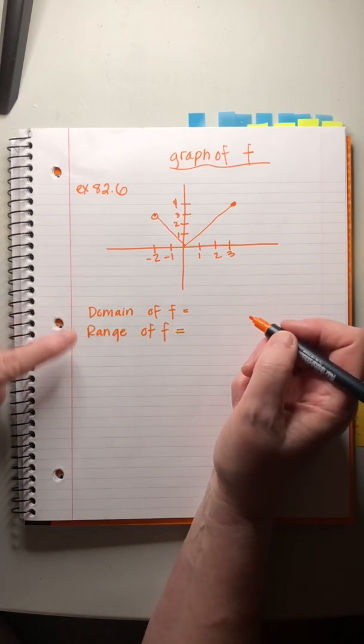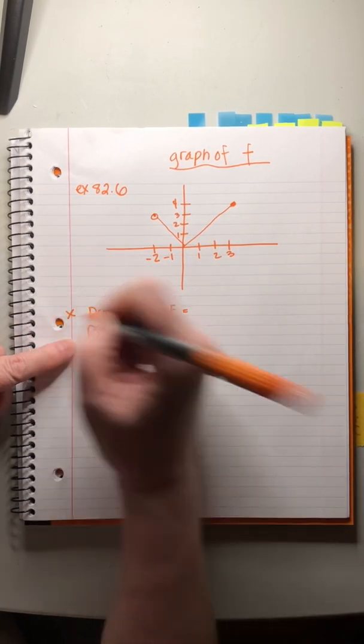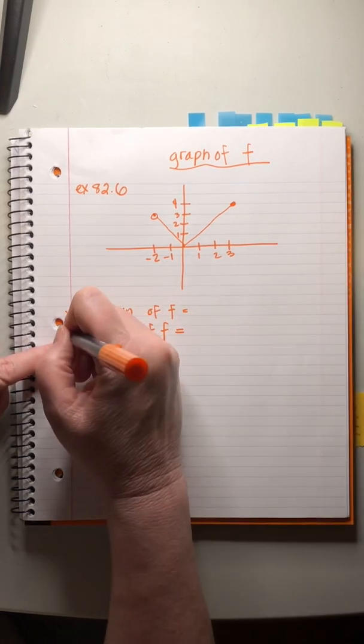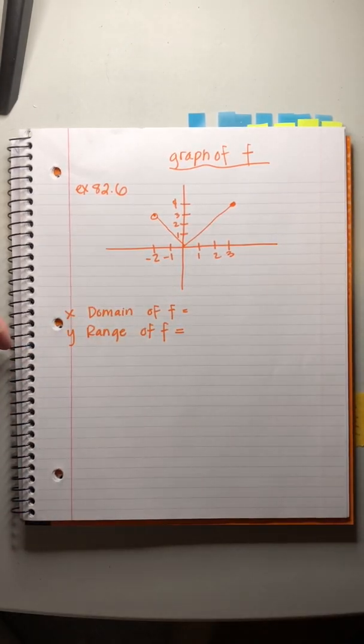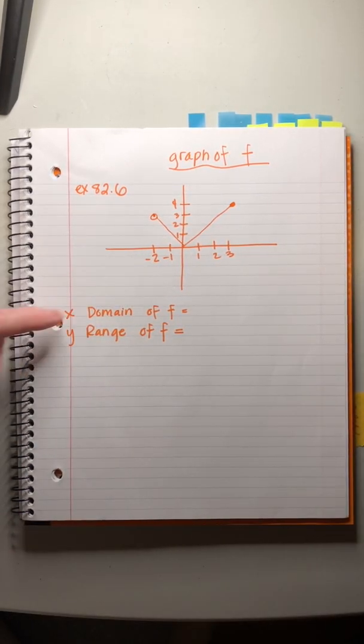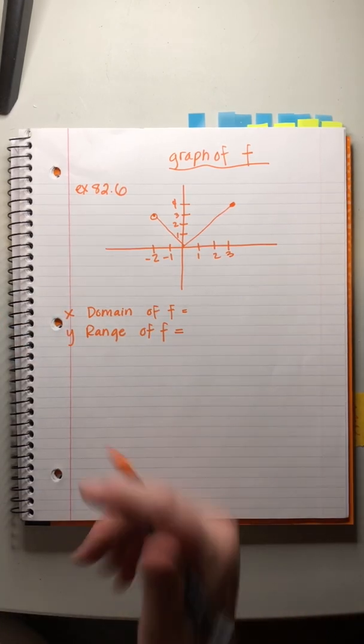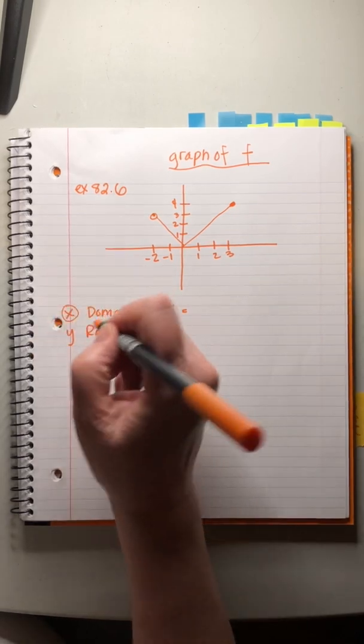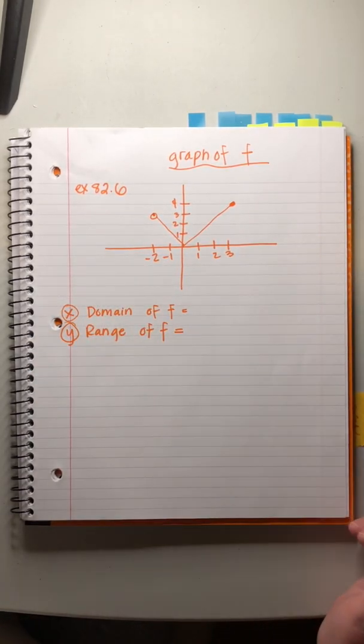I told you that domain is associated with x and range is associated with y. Right? The domain is what we put in, the range is what we get out. That kind of corresponds to the way we usually pick our x's and calculate our y's. It kind of fits together. Don't worry if that doesn't make sense to you. Just know that x goes with domain and range goes with y.